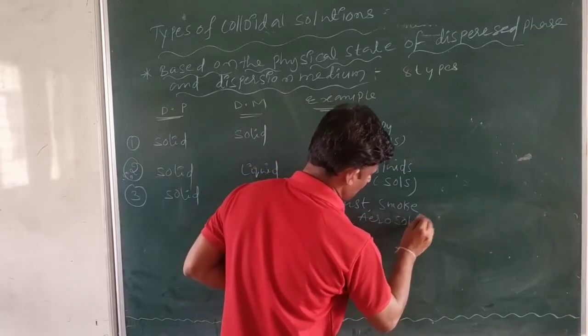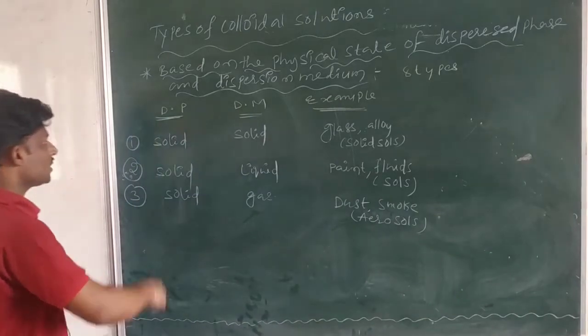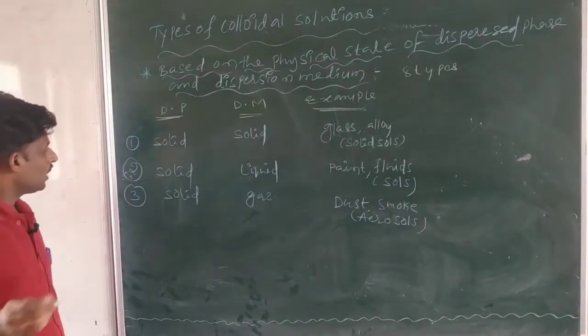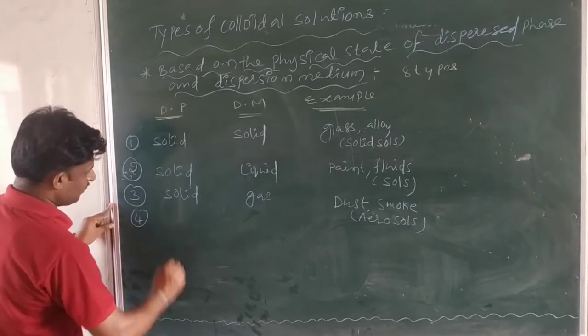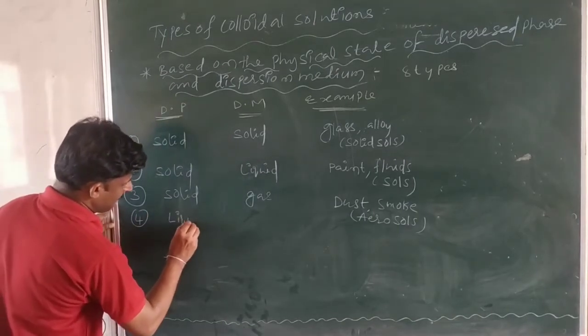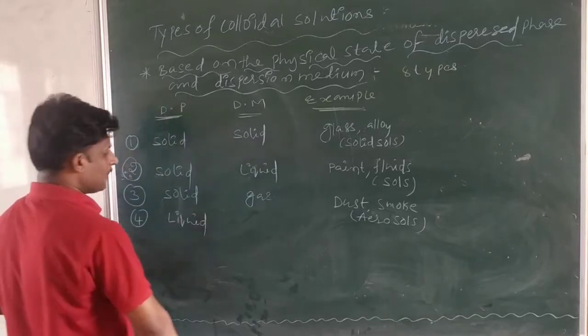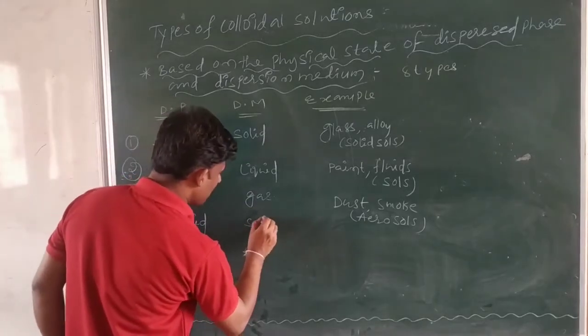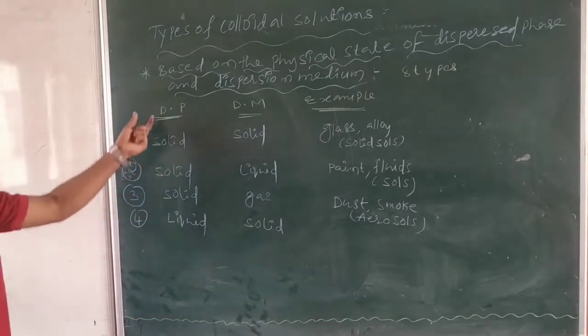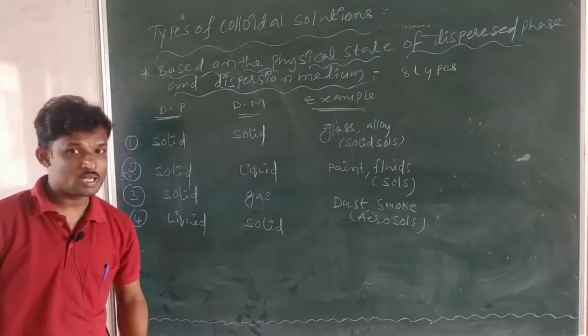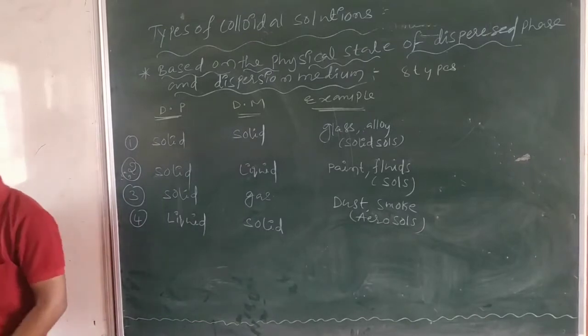Next, I am going to change the dispersed phase. Now the dispersed phase is liquid, the fourth type. Here the dispersion medium is solid. What is the example?